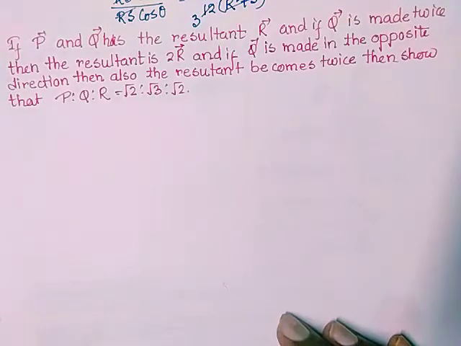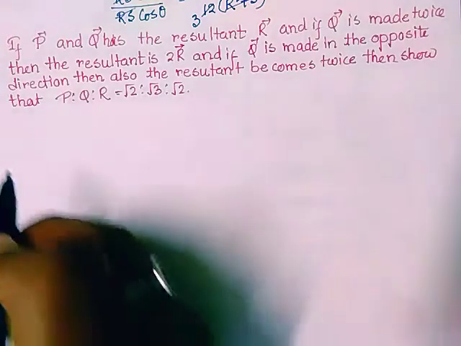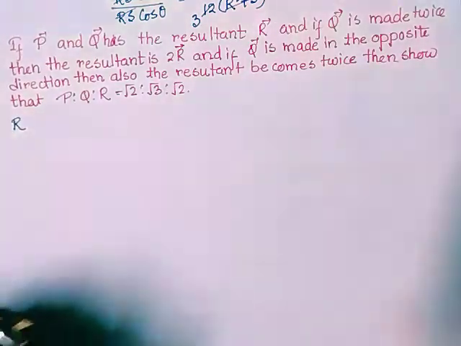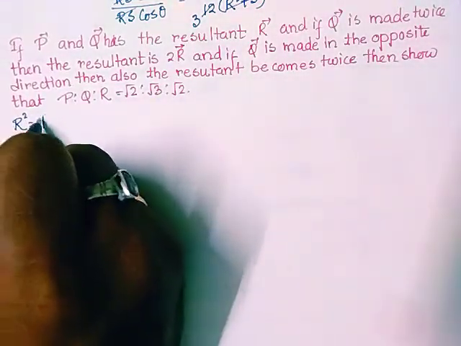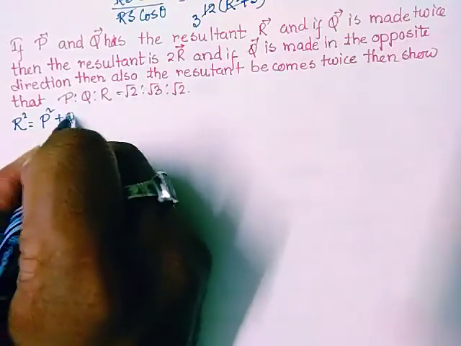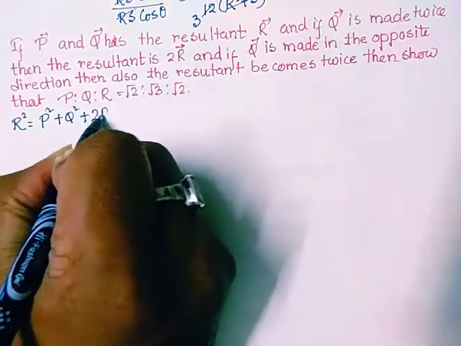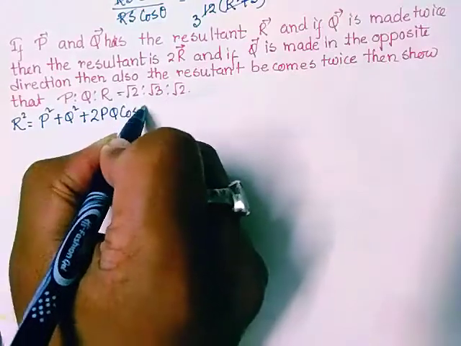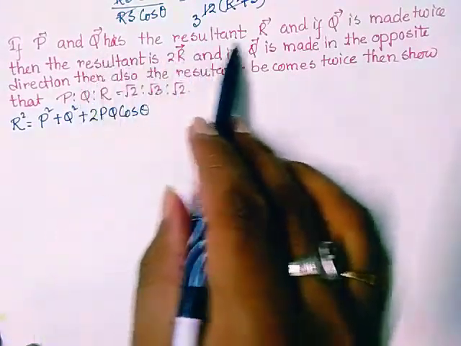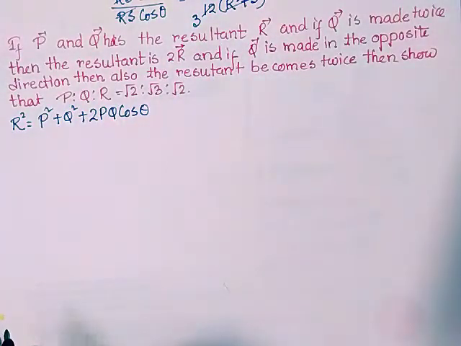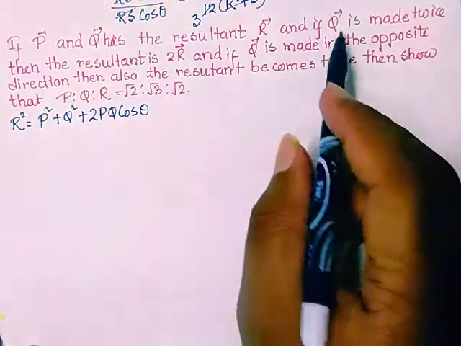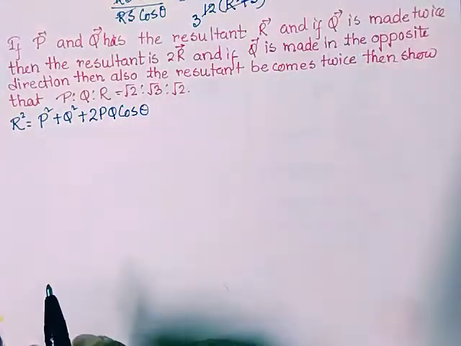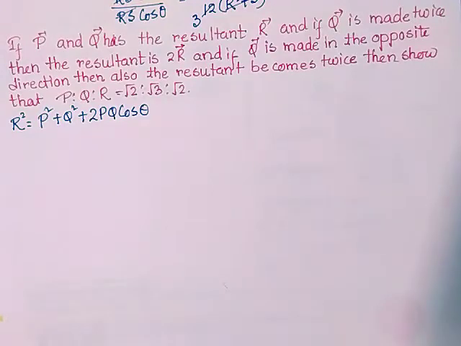So you have to write down the 3 equations, and these 3 equations are, for the first, R square equal to P square plus Q square plus 2PQ cos theta, this relation. Okay, next is, if the Q is made twice, then Q becomes 2Q, and the resultant is 2R also.